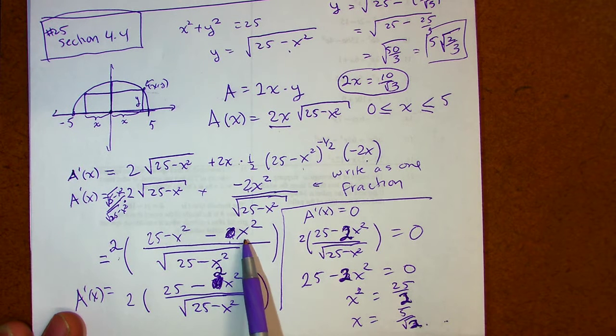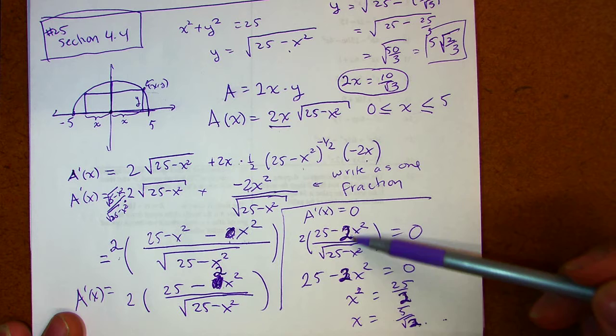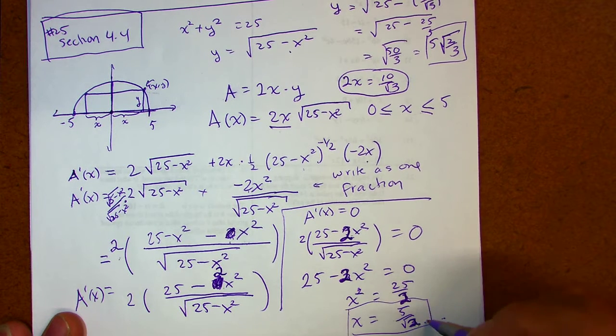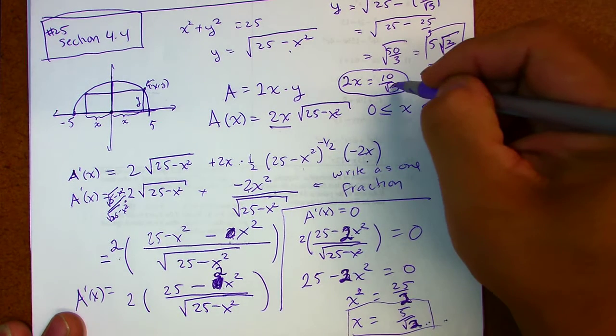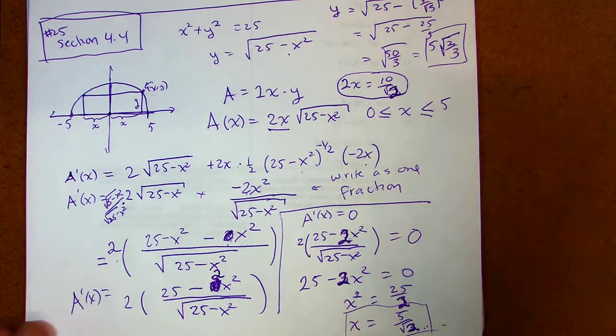I miswrote that. That should have been just a minus x squared, which means that the next one should be minus 2x squared. All right, and now moving forward, this should be minus 2x squared here. So our x value would be 5 over root 2, which means the dimensions when I double it would be 10 over root 2.